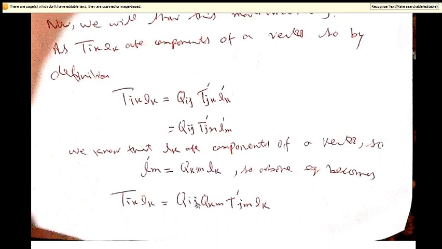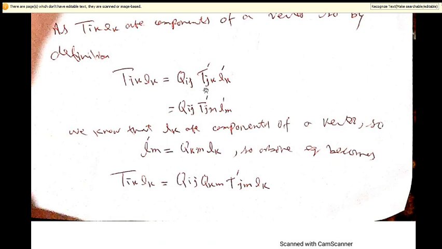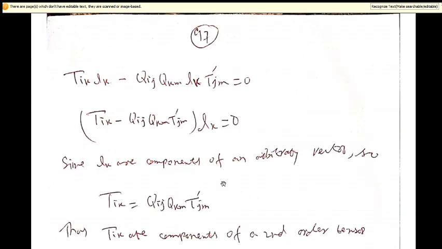We have this equation. Now we will take this on the left hand side, and we can write this in this way. We know that lk are the components of an arbitrary vector, so this cannot be equal to 0.